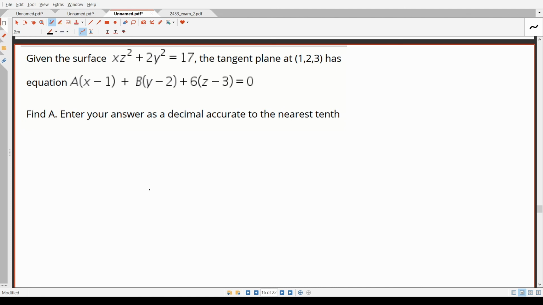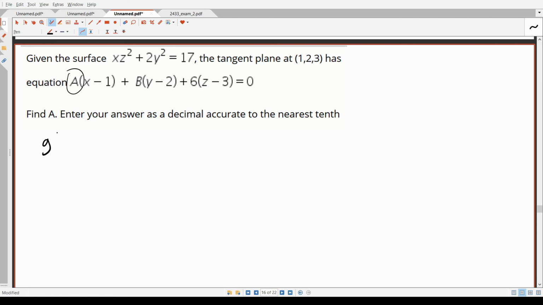Given the surface, basically find the tangent plane. Okay, so find this component of the tangent plane. So if you remember though, these are the components of the gradient of this function on the right hand side. Well, this is an equation.